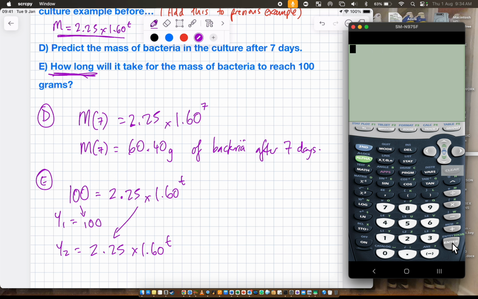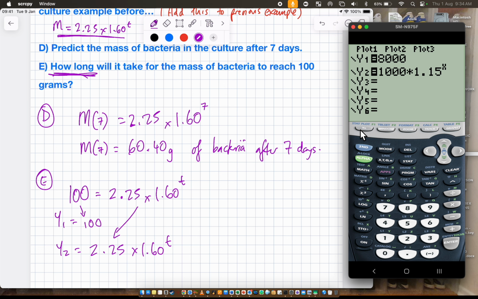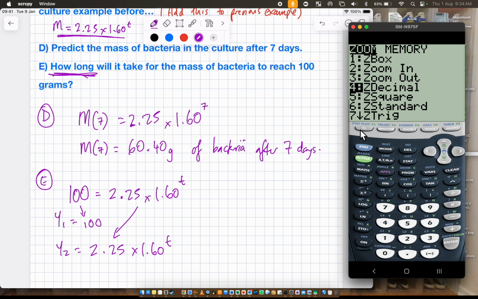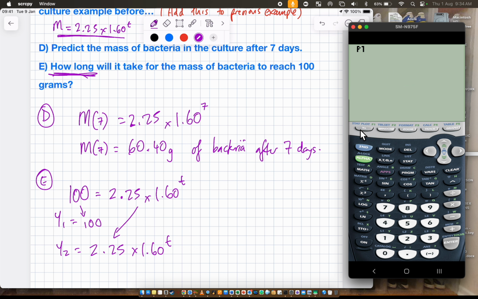Can someone remind me, how do I go to the graphing part of the calculator? What button do I press? Y equals. It's on the left here. I'm going to clear this because that's existing data. I'm also going to go to the Zoom standard. So what does the left-hand side of my model look like? 100.